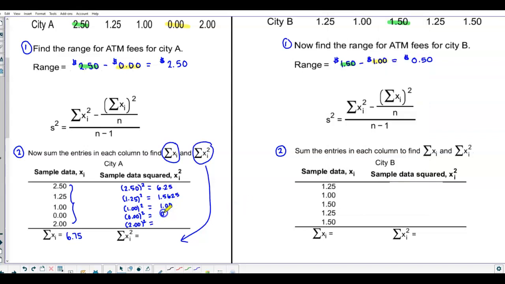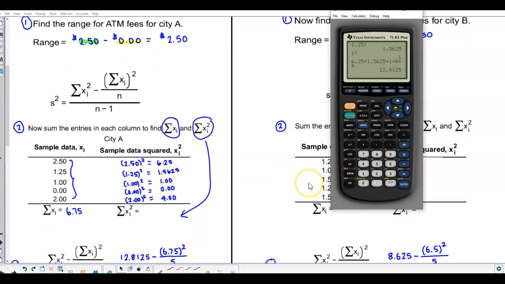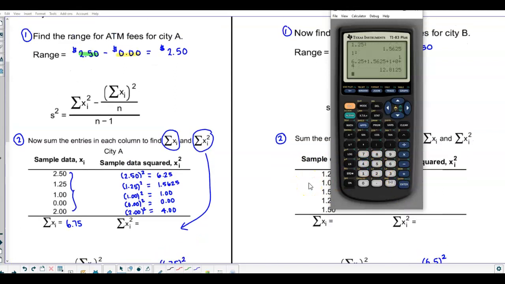When we square 0, we're going to get 0. When we square 2, we're going to get 4. So now we need to add these all up to find the sum of the squares. So we get 6.25 plus 1.5625 plus 1 plus 0 plus 4. And that gives us 12.8125.